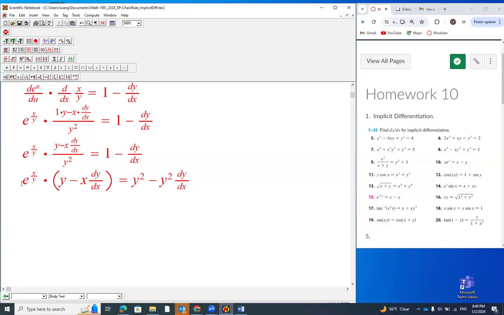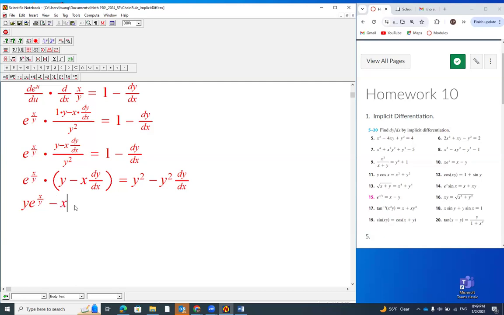Next, we're going to distribute e to the power of x over y to this term and to the next term, and that way we're going to separate. So we do the distribution: y times e to the power of x over y, no need for the dot, subtracting x times dy dx multiplied by e to the power of x over y.